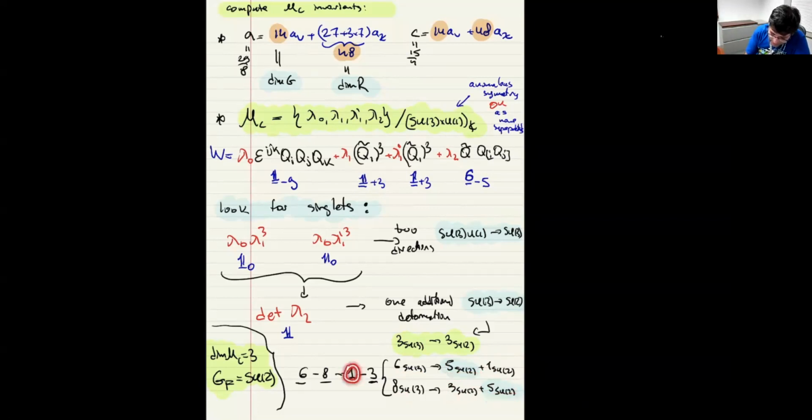So at the end of the day, this contributes a one-dimensional exactly marginal deformation, and you have the conserved currents of SU(2). So the final claim is that this theory has a dimension 3 conformal manifold, 2 directions coming from here and 1 direction coming from here. And on a generic point of this conformal manifold, the symmetry is not completely broken. You have an SU(2) left.